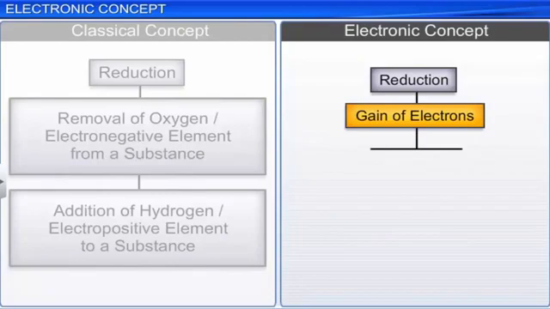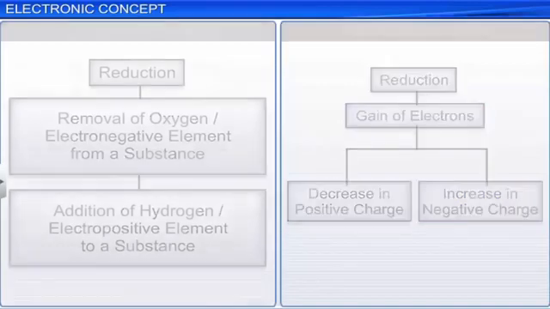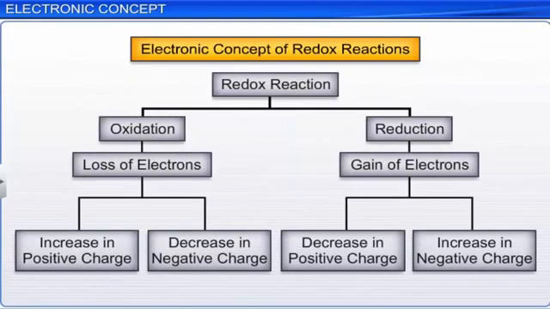The gain of electrons results in the decrease of positive charge or increase of negative charge of the species as we proceed from reactants to the products in a chemical reaction. Thus, according to the electronic concept, a reaction in which loss of electrons, that is, oxidation, and gain of electrons, that is, reduction, takes place simultaneously, is called a redox reaction.